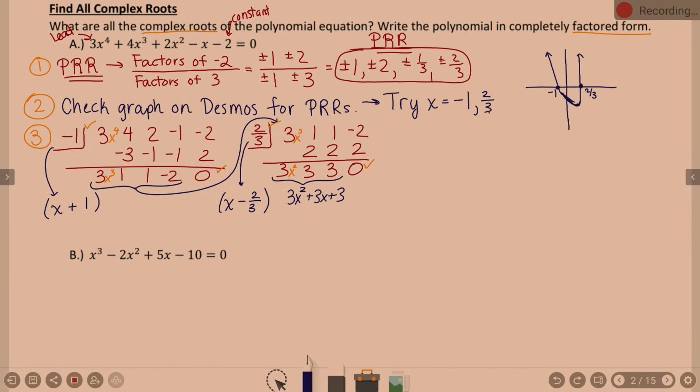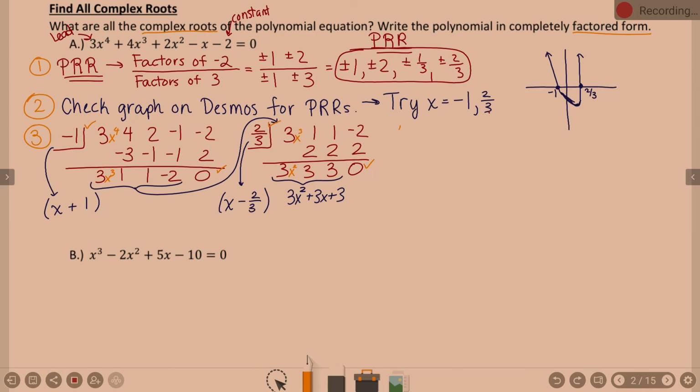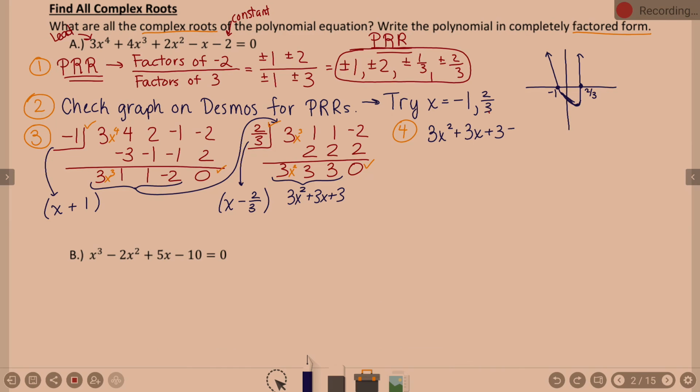They asked us to find all zeros, so we need to keep going with this. And this is what I call step 4. Okay, we're going to take that equation of 3x squared plus 3x plus 3 and set it equal to 0 to find the other zeros. Thoughts on where to begin?